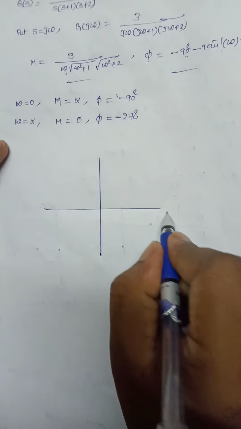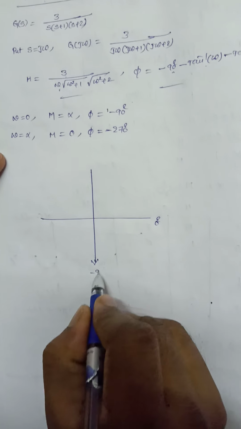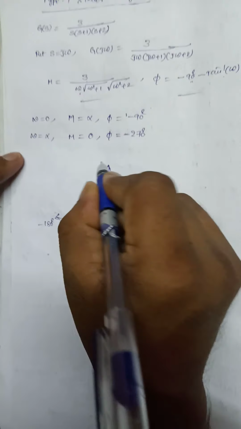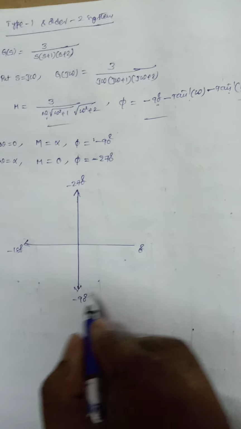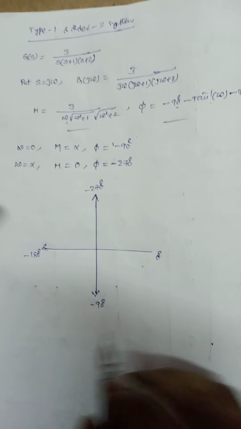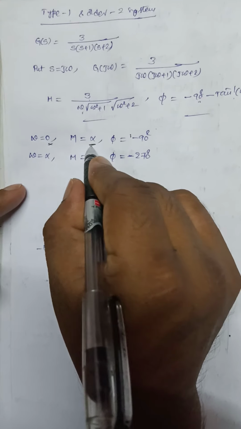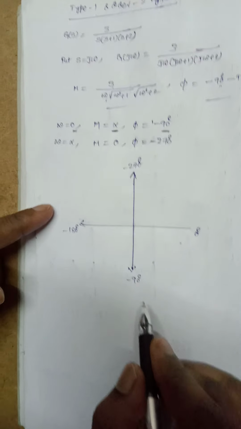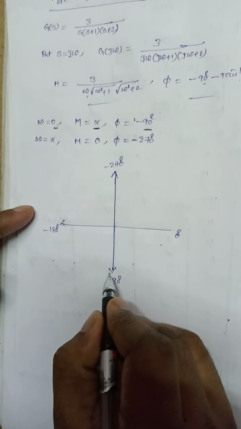So while drawing the polar plot, this is a polar plot, it is 0 degrees, minus 90 degrees, minus 180 degrees, minus 270 degrees. Whenever omega is equal to 0, magnitude is infinity, phase angle is minus 90 degrees, so it will be here itself.